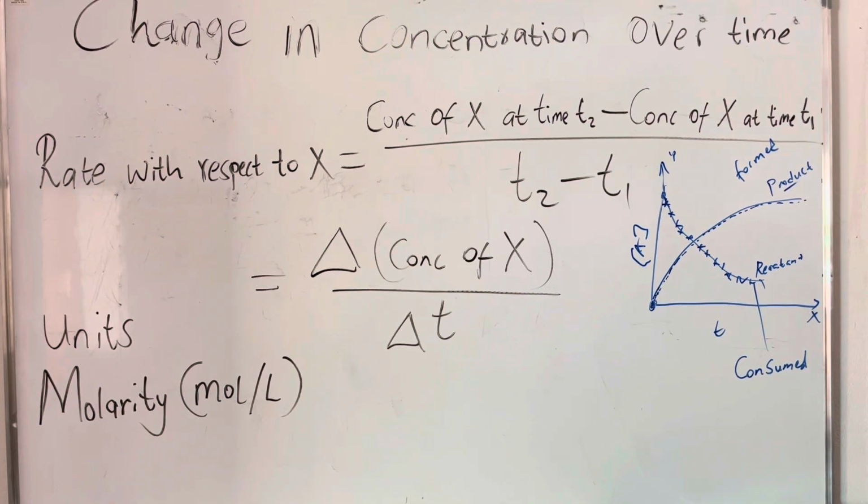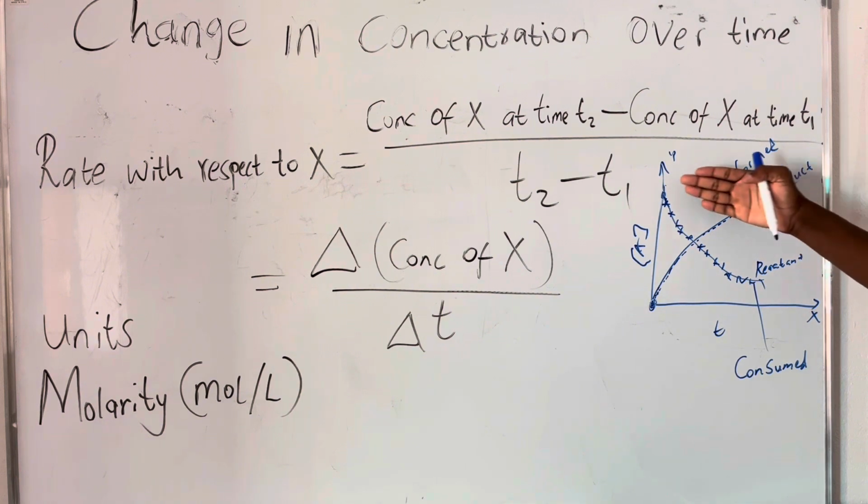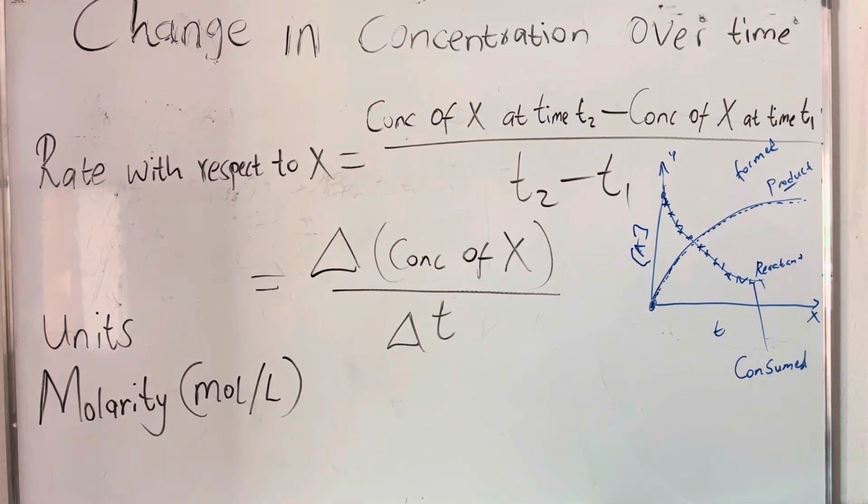So we normally talk about the consumption and the formation as far as the reactant and the product are concerned. When you see it curving down like this, I want you to think about something that is going down, something that is decreasing, something that is associated with negative or losing of some sort. I want you to think of it in that manner.